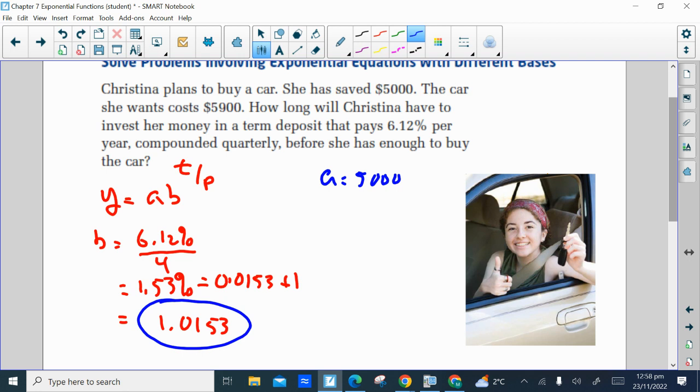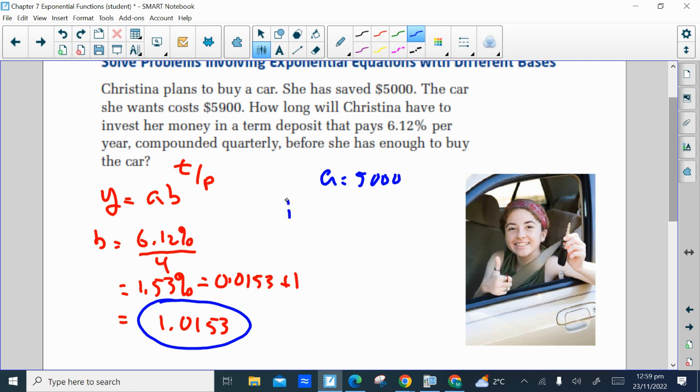And so if you write t in years, then p would have to be 1 quarter. Or if you write t in months, then p would actually be 3. Because if it's compounded quarterly, that's 4 times a year. That's every 3 months. Okay? So those two values, t and p, have to be in the same unit.